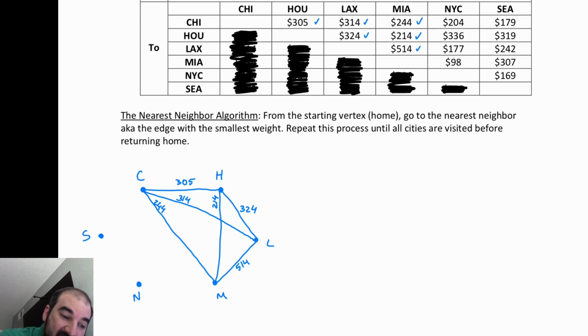That one's good. And then it's going to get a little bit more crowded as we go. 204 is New York City to Chicago. So this one here is 204.